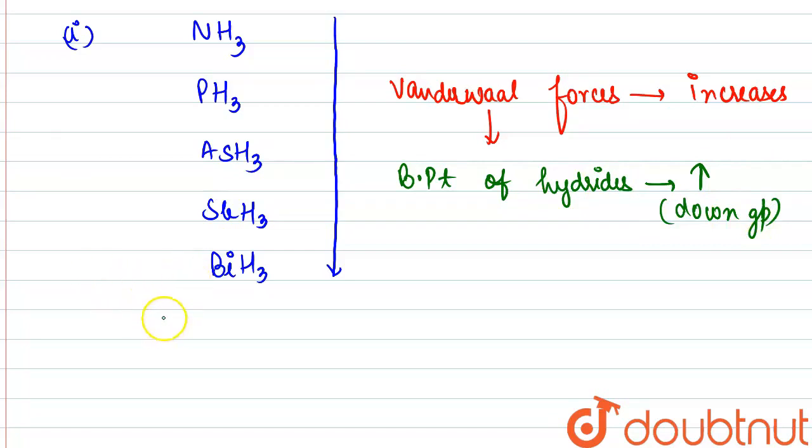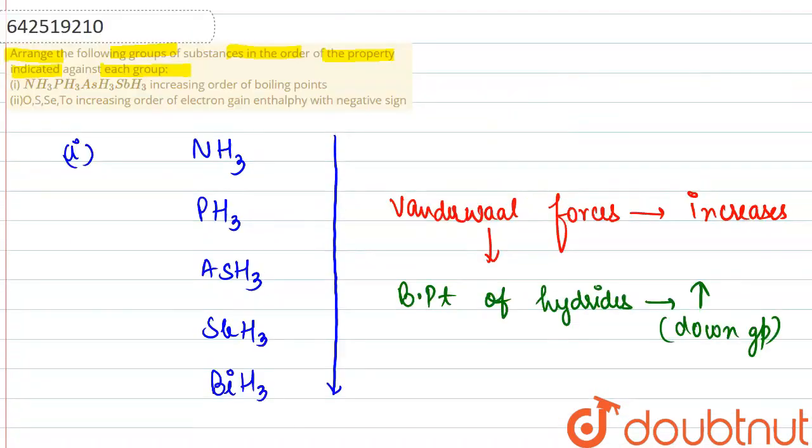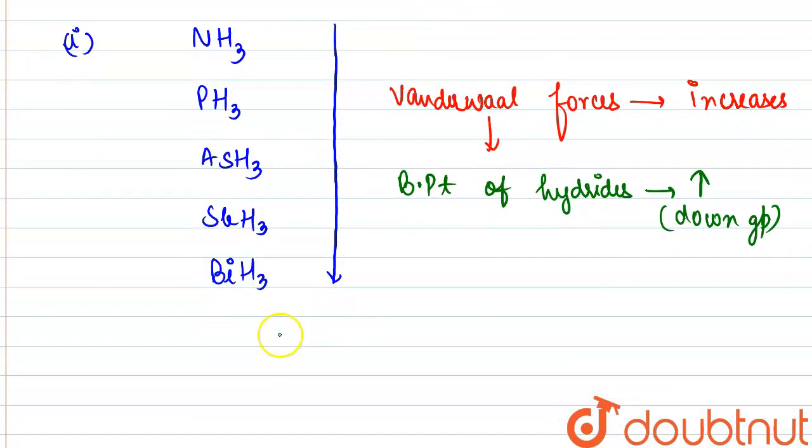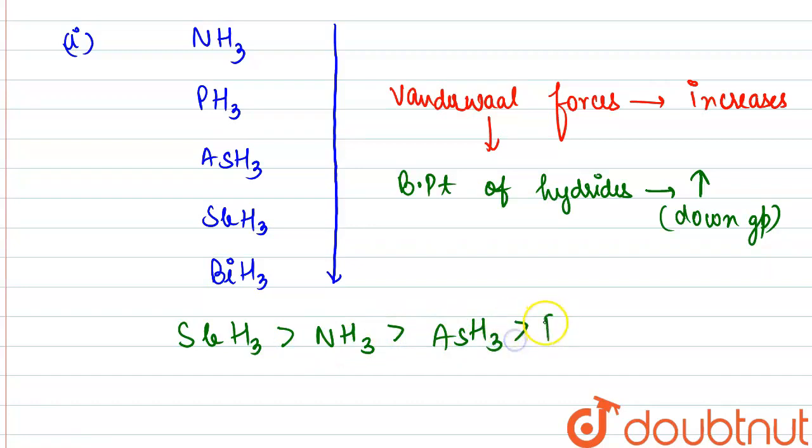Bismuth is not given in the question, so we will avoid that. We will start writing from antimony, otherwise bismuth can be written before it, that would have the maximum boiling point. Then followed by ammonia, then we will have AsH3, then finally PH3.